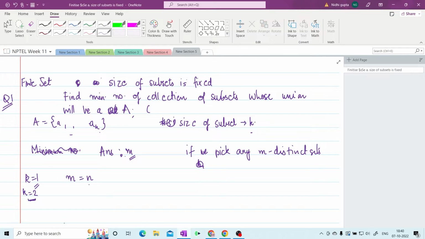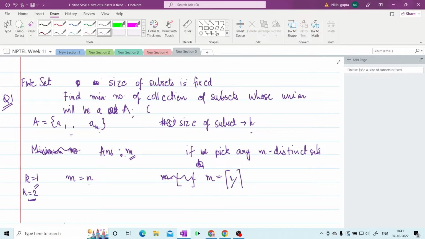I got the answer: m is equal to the ceiling function of n upon k. You are writing floor? Okay, the ceiling function.